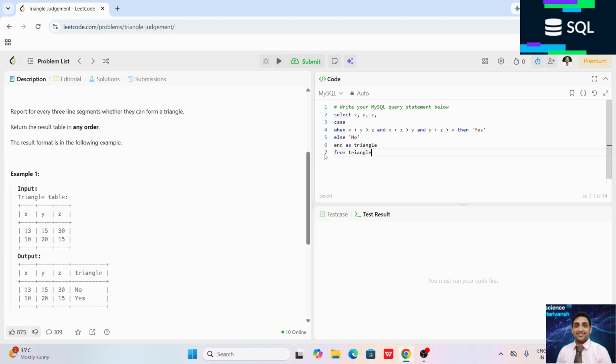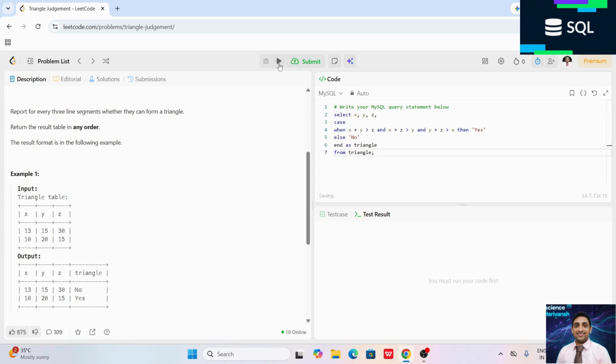So select x, y, z, case when x plus y is greater than z and x plus z is greater than y and y plus z is greater than x then yes, else no, end as triangle, from triangle.